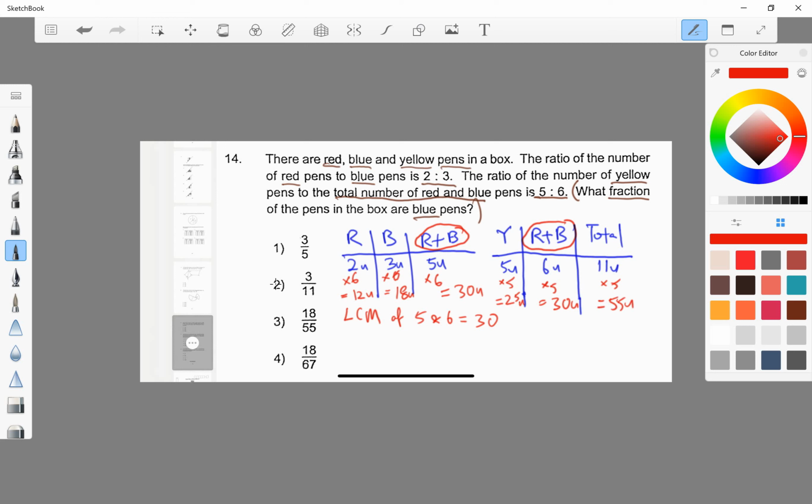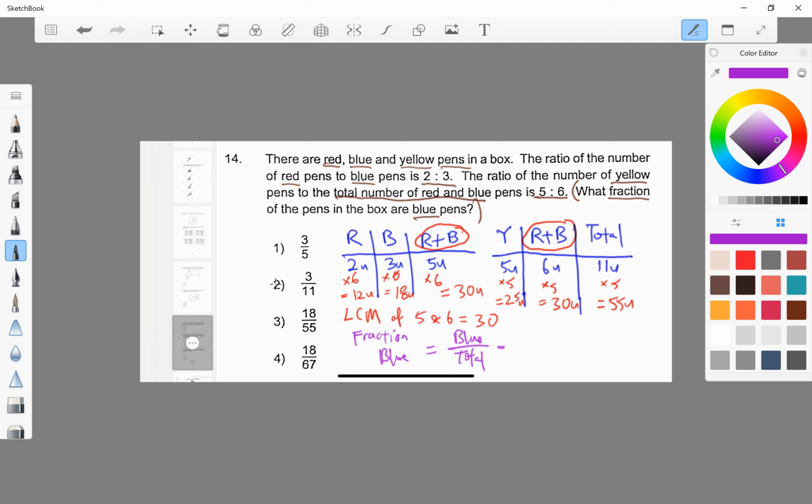Okay, 55 units. So now the question is asking us, what fraction of the pens in the box are blue pens? So to solve this last portion, I will just write down fraction blue. So fraction blue happens to be blue out of the total.